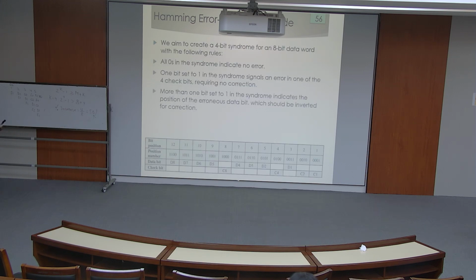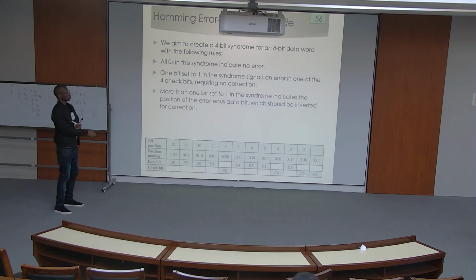Don't look at your mobile phone, okay? From this table, C1 is D1, D2, D4, D5, that's all.